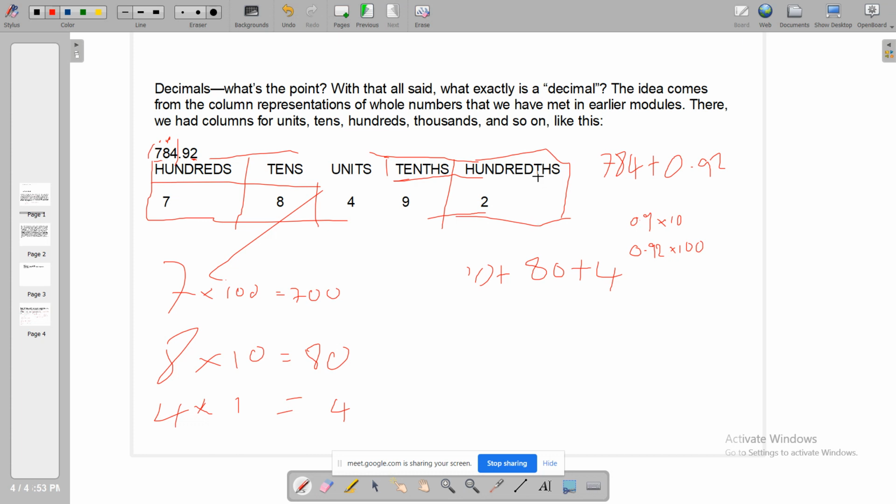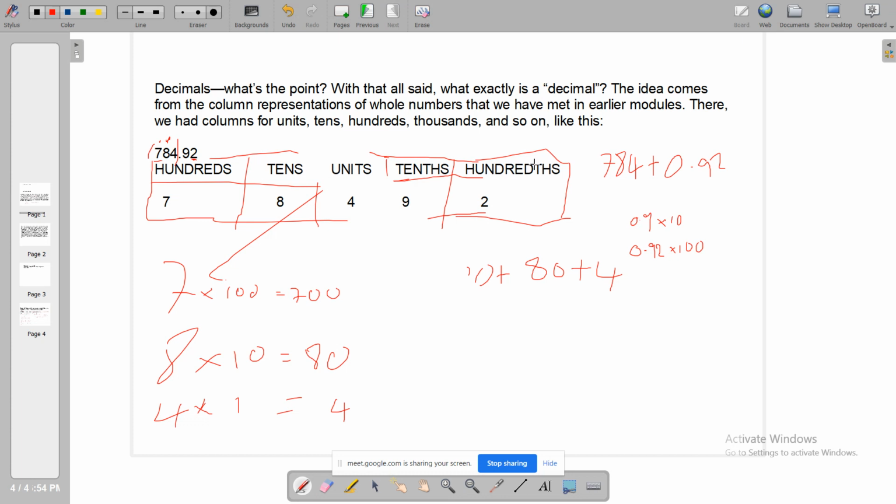So when you multiply 0.9 times 10, it gives you 9. This number is 9, so it's not up to 10. When you get to 10, then it will be a unit.